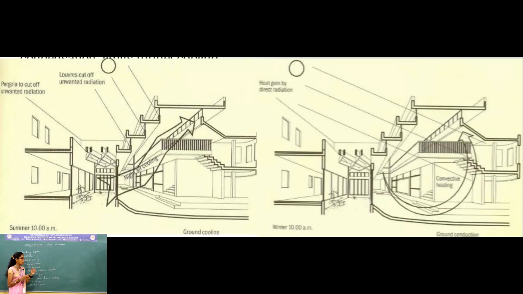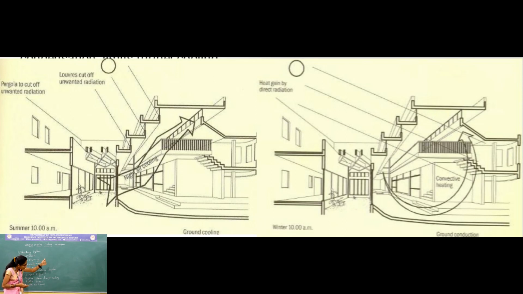So in the image that is projected, you can note how the lowered overhangs are provided and how they help in cutting off or splitting the solar radiation from getting into a home, and how the air movement is happening, and how the cooling is happening through conduction, convection and radiation, and how during the night the cooling is happening, right?